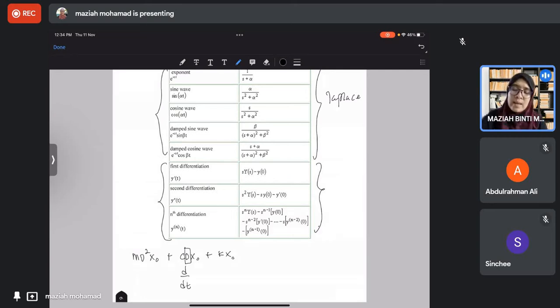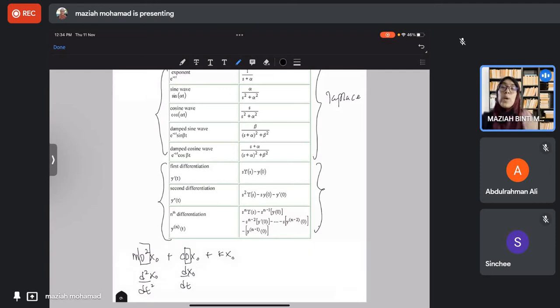And d square here is the second differentiation, d square over dt square. And then this is just a constant.